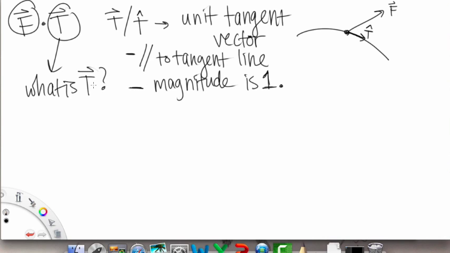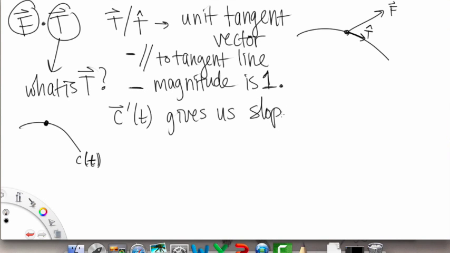Okay. So let's go back to looking at the curve. We have this curve here, and that is parameterized by c of t. We've done that before. At this point here, c of t gives you the points on the curve. But c prime of t gives us the slope of the tangent line at any point.